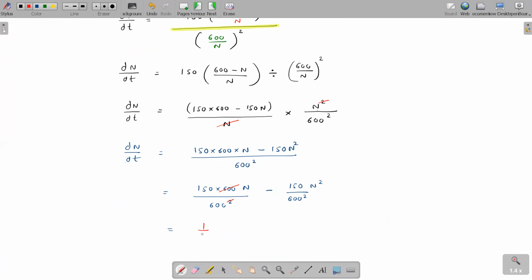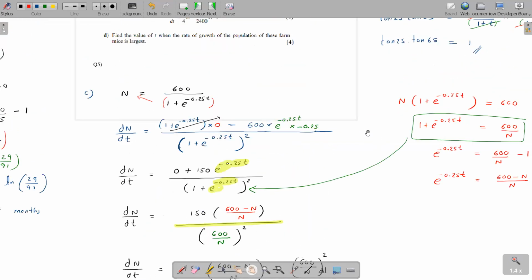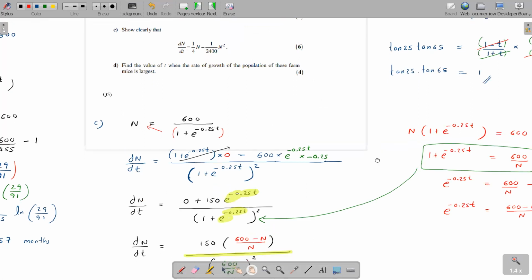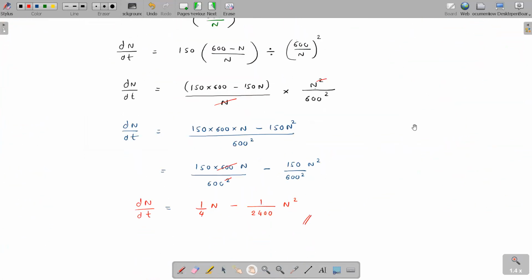So 1 over 4 n minus 150 over 600 square, which is 1 over 2400 n square, equals dn by dt, which is our show that. See, it's 6 marks. So this is the show that we got. Okay, I'll move on.